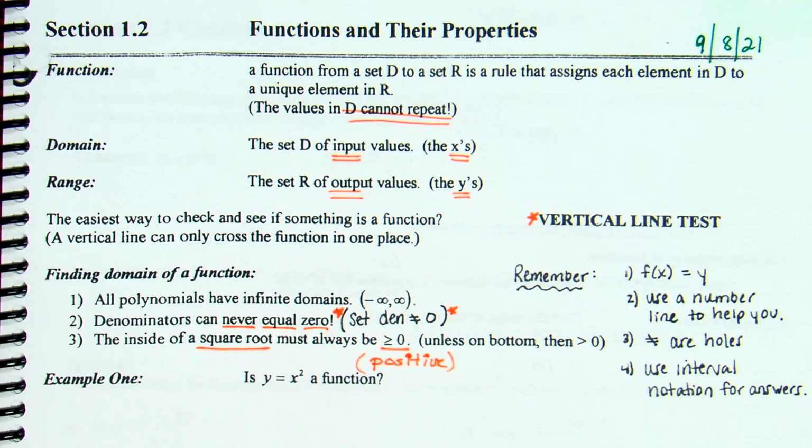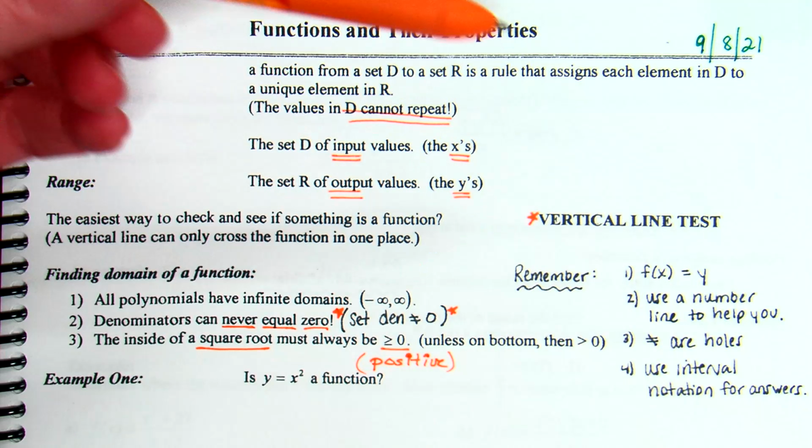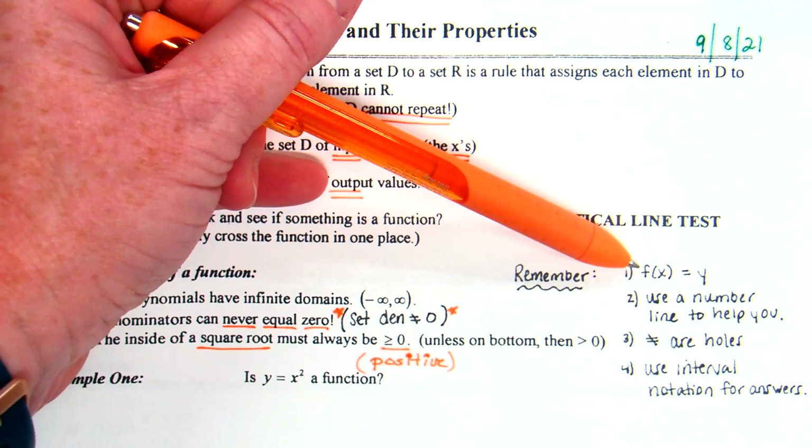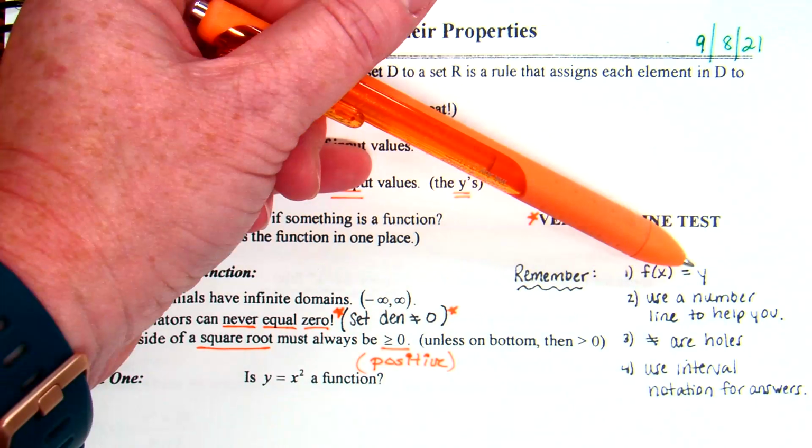Okay? And then it says unless on bottom, in other words, if it's in the denominator, we can't make it equal to 0, only greater than 0. Let's see, I'm trying to remember what's over here. A couple of things to remember. If you see f of x equals, remember that is the same as saying y equals.